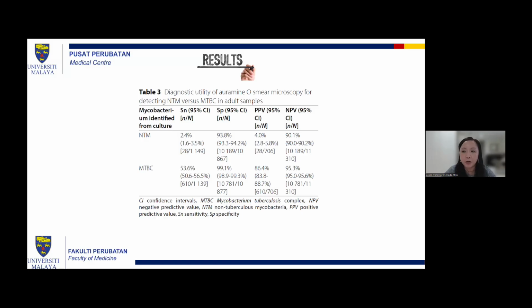So it is very possible that among the NTM culture positive cases in our study, there was a higher proportion of patients with colonization rather than true NTM disease, and a higher proportion of those with rapidly growing mycobacterial isolates compared to slowly growing mycobacteria. So this could possibly explain the much lower sensitivity of Auramine O smear microscopy for detecting NTM compared to MTBC that we found in our study.